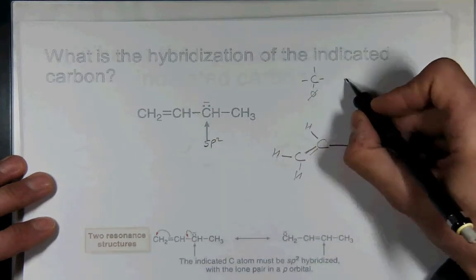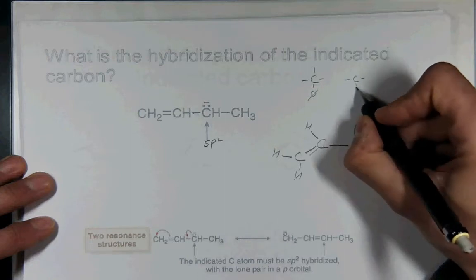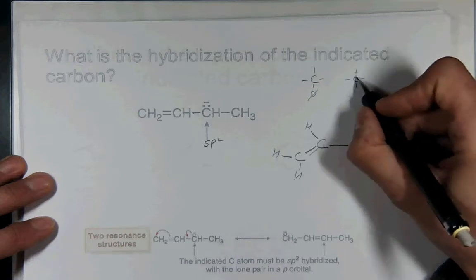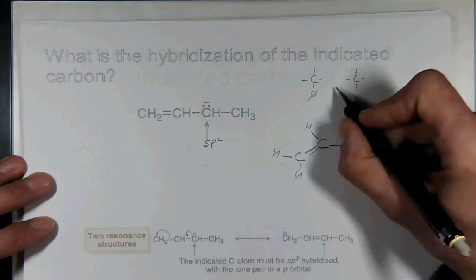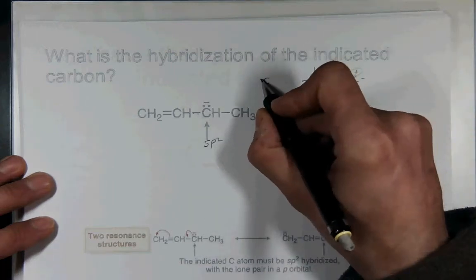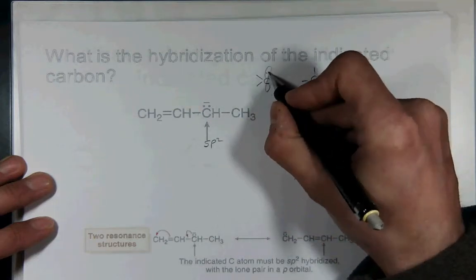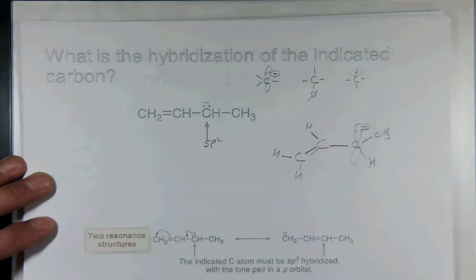If we have 3 bonds and no lone pairs, carbocation is plus. If we have 3 bonds with a pair of electrons here, it's minus.